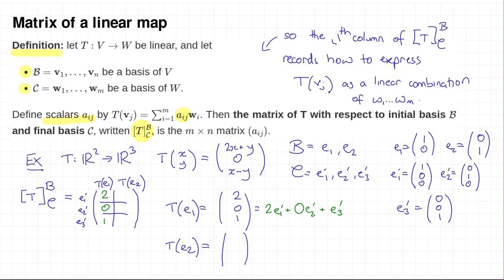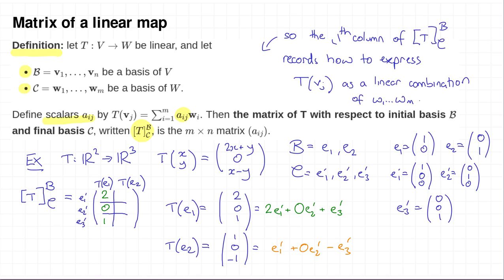So T of e2, e2 is the vector (0, 1). In the definition of T, I put x equals 0 and y equals 1. So I get (1, 0, -1) as my output, and that is 1 times e1' plus 0 times e2' plus -1 times e3'.